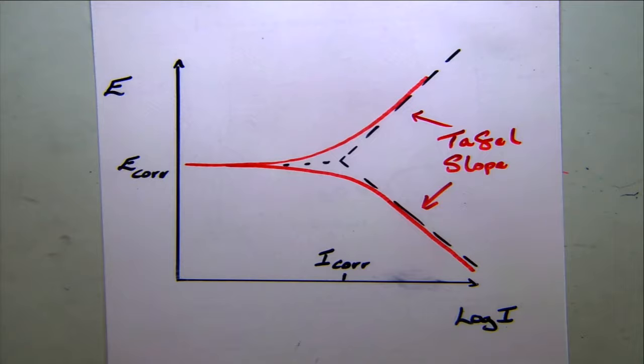And they're called Evans plots, so they show the behavior of the material when there aren't any other forms of polarization going.